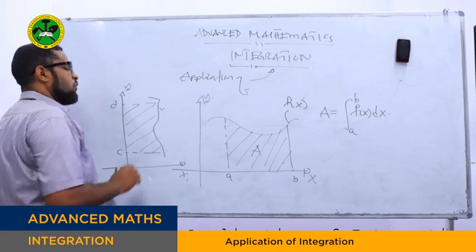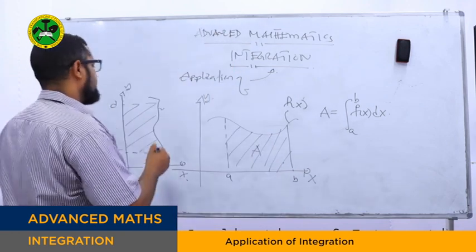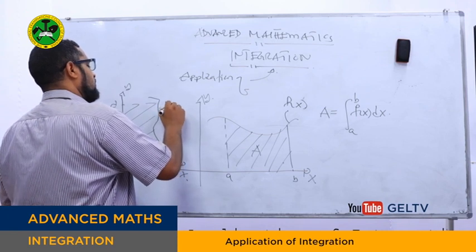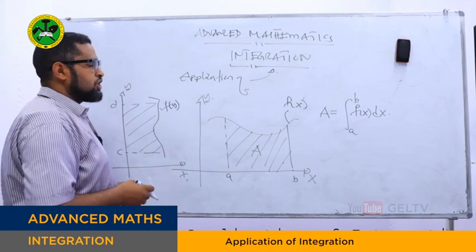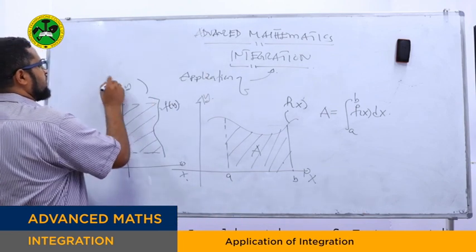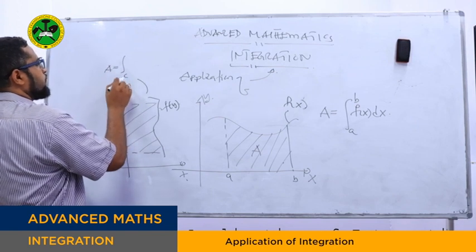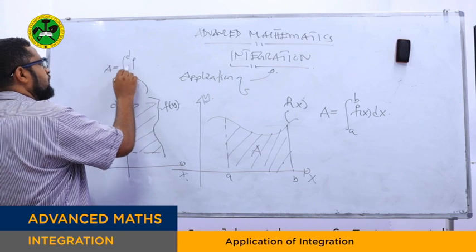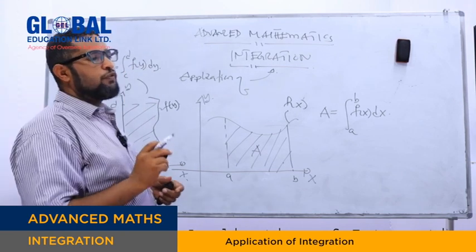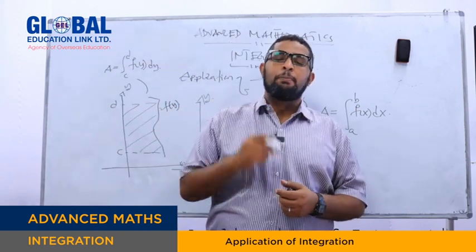Now the function will be written in terms of y and not in terms of x, so it will be f of y. The area of such a curve will be equal to the integral from c to d of f of y dy. These are the two formulas which are very crucial, and you are supposed to remember them before you go in your examination.